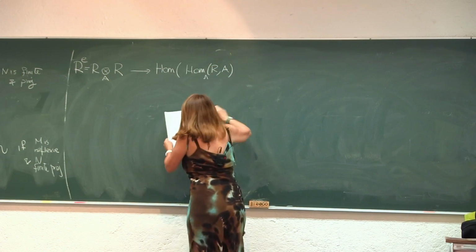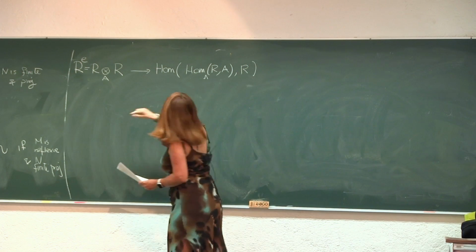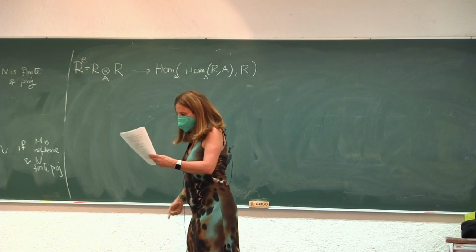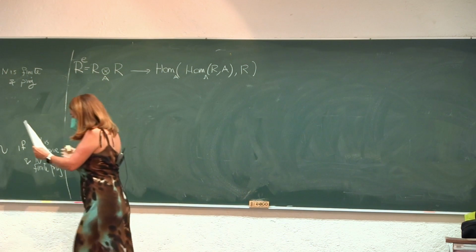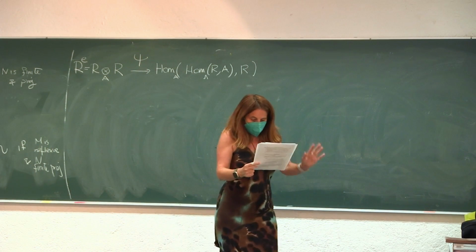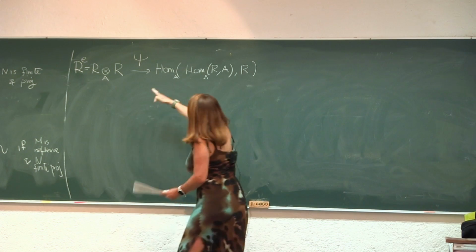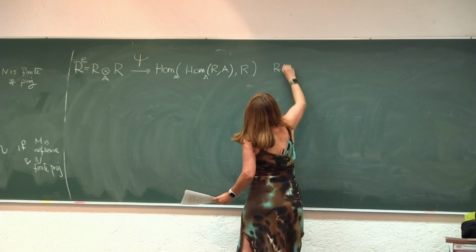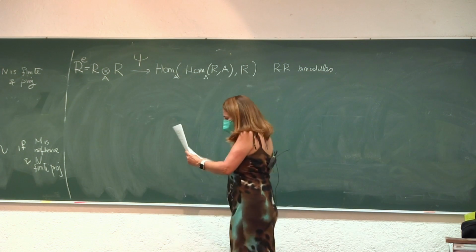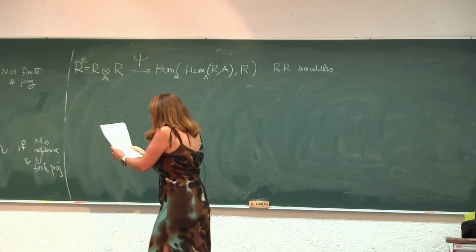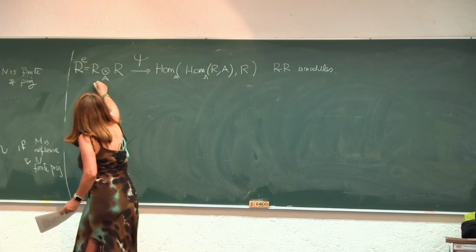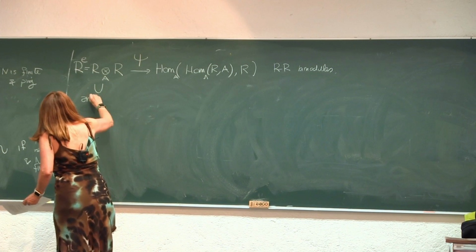Let's see what this guy is. This guy is the Hom of M star, but M star is Hom of R over A, in A, against R, because N is R. Okay? And this is this composition. Call it, I don't know, you can call it big phi, this map. Okay? And these obviously are all R-modules.